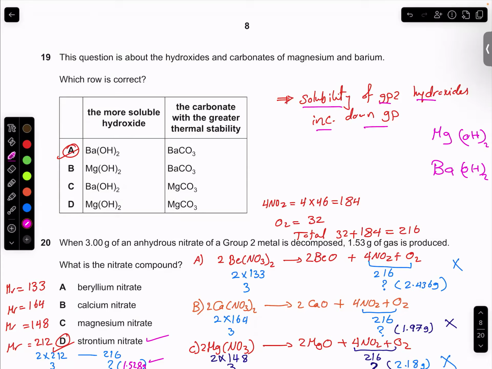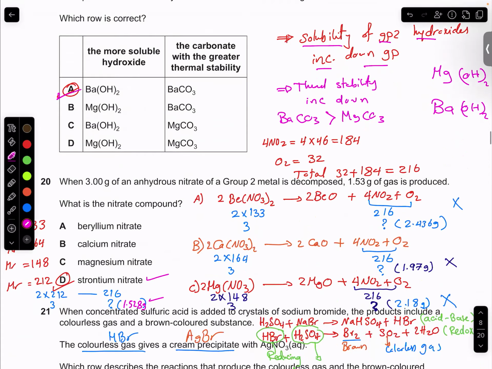And also the thermal stability increases down the group, so BaCO3 is more stable than MgCO3. So the answer is A.